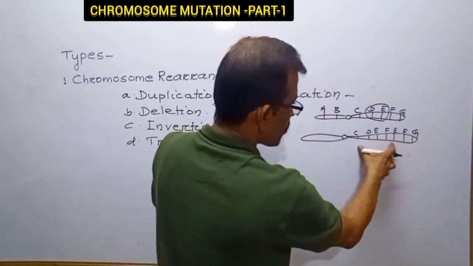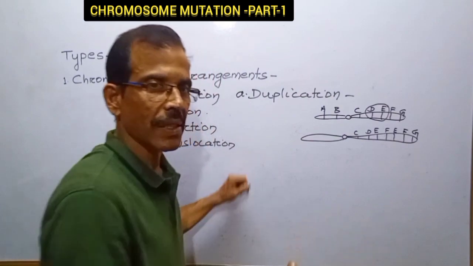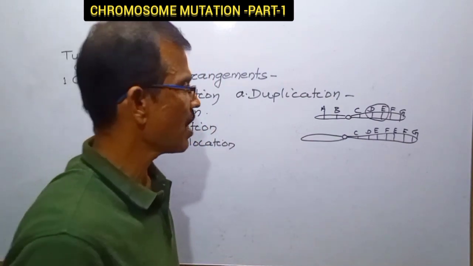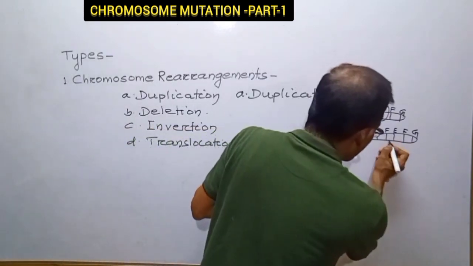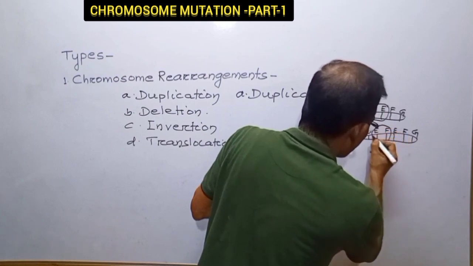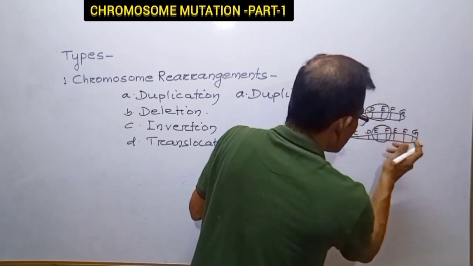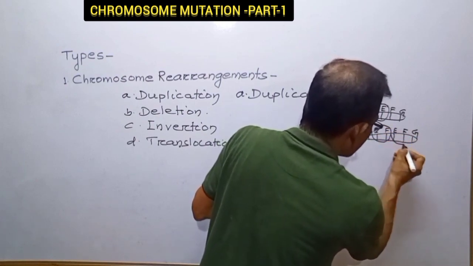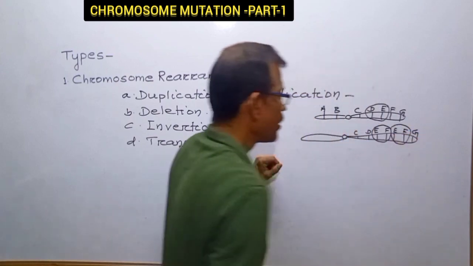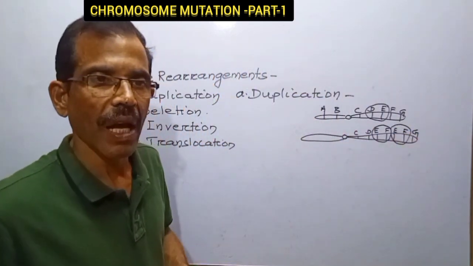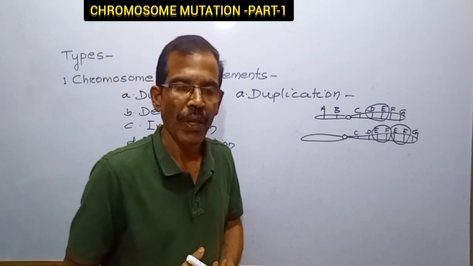So such type of rearrangement takes place after duplication. Here you can see that two such segments EF are present. This is one copy and this is another copy. There are different types of duplication.